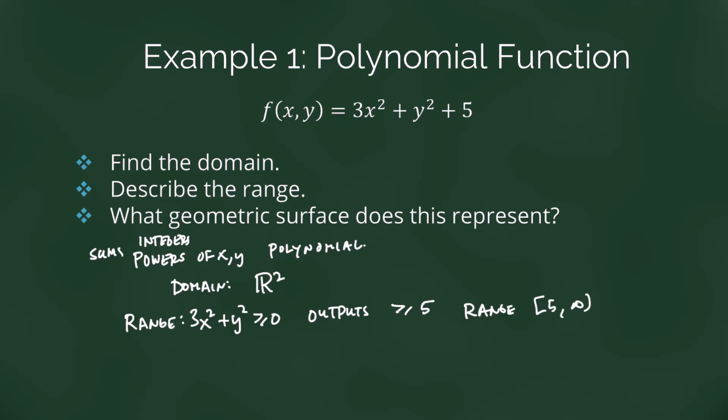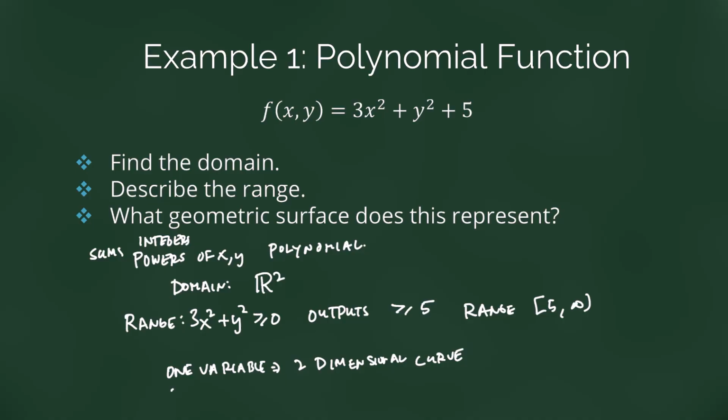To describe this, we have to remember that when we graph a one-variable function, that produces a two-dimensional curve where each point represents an input and an output. When we graph a multivariable function, the same thing is going to happen.